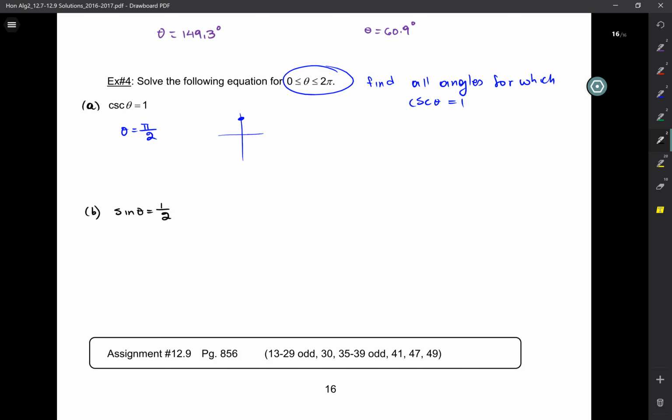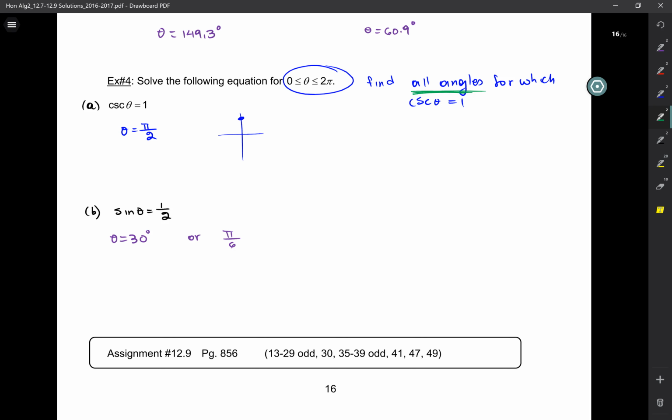That means that angle is 30 degrees or pi over 6. However, I'm supposed to be finding all the angles for which sine of theta is 1/2.